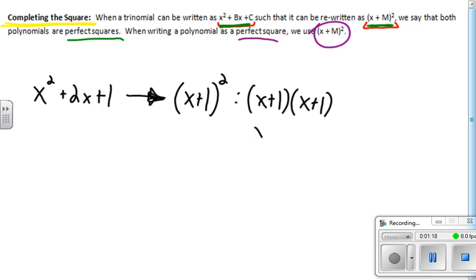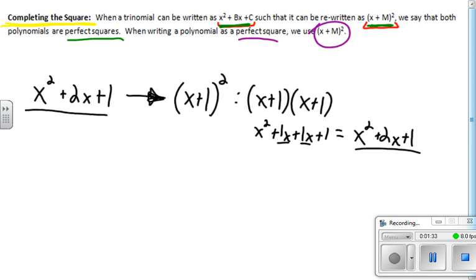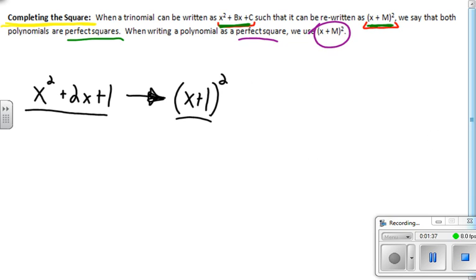If we FOIL it out, we have x squared plus 1x plus 1x plus 1. Combine these like terms, and we have x squared plus 2x plus 1. So that is the same as what we have here. So we can rewrite these in these forms, so we would say that that is a perfect square.